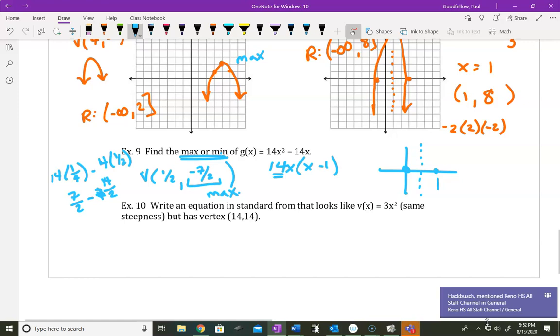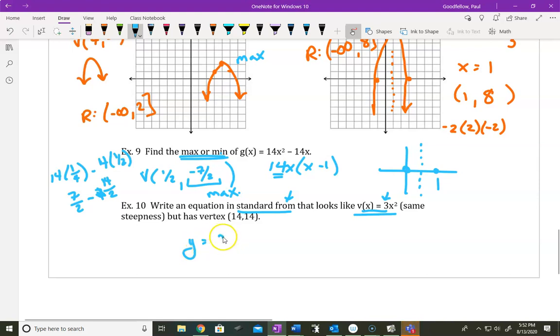Write the equation in standard form if it looks like the following. y is equal to 3x squared, same steepness, but has a vertex of this. Well, the steepness would stay the same regardless. We would ultimately have a function that's y equals 3 times x minus 14 quantity squared plus 14. That's vertex form.